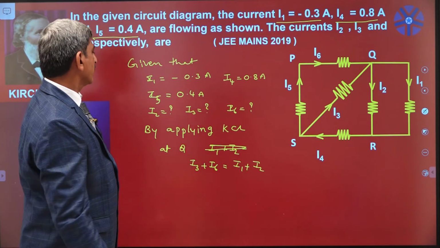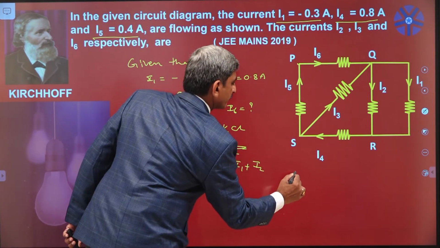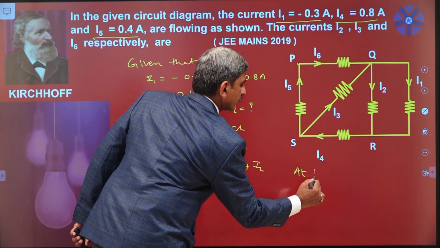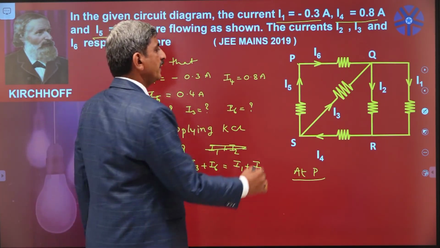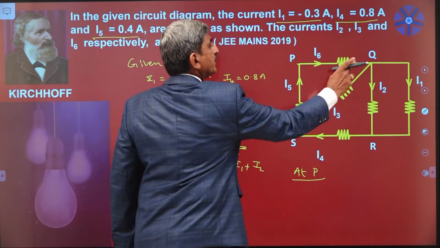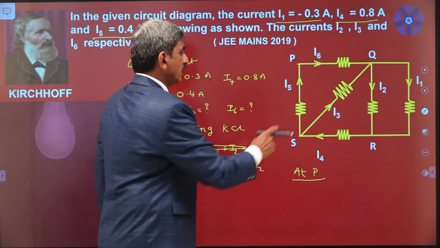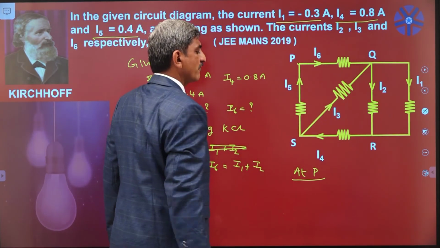Similarly, by applying the Kirchhoff's current law at point P, what can we write? At point P, actually it is not a junction. This SPQ is a single branch. This current is flowing towards the junction. This current is flowing away from the junction.